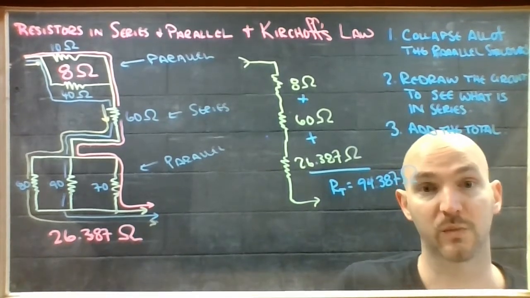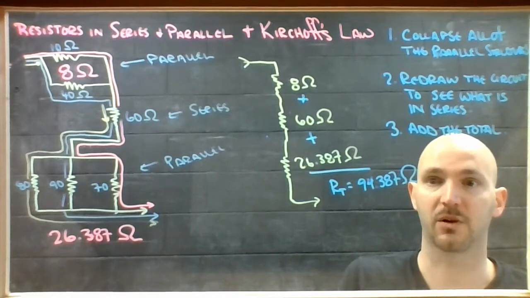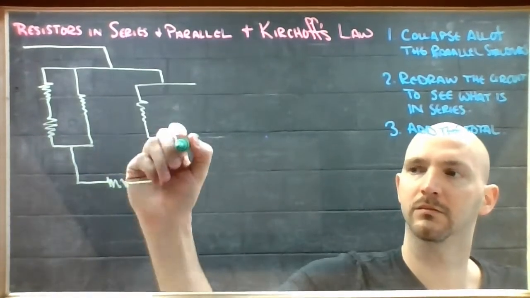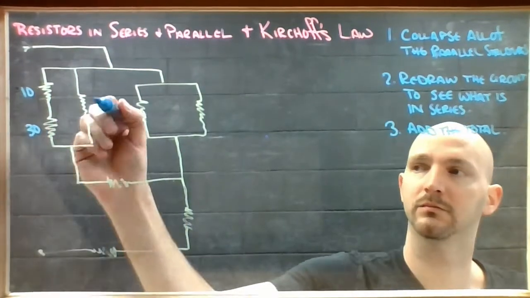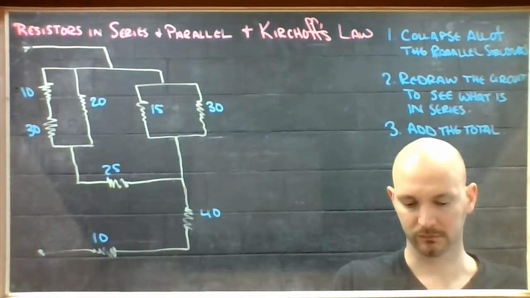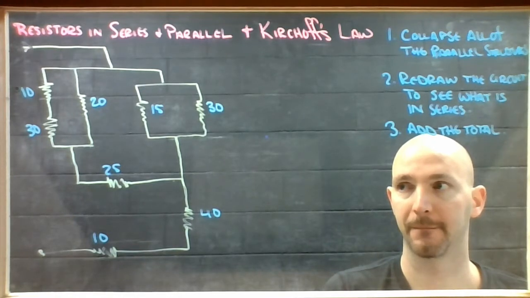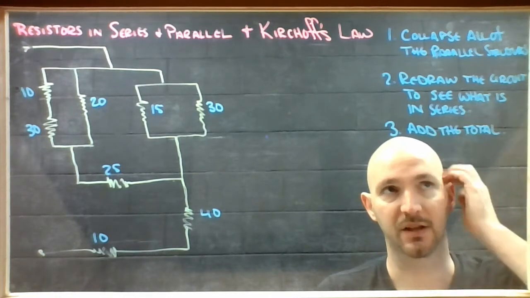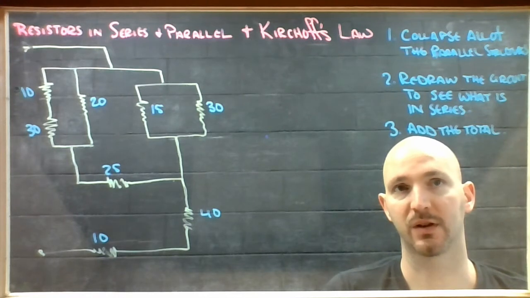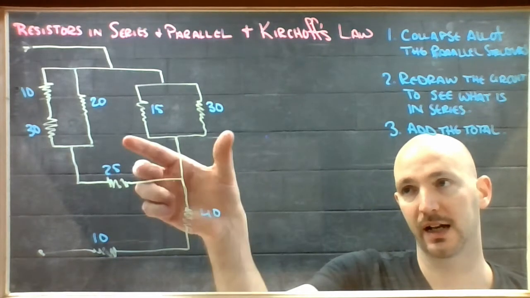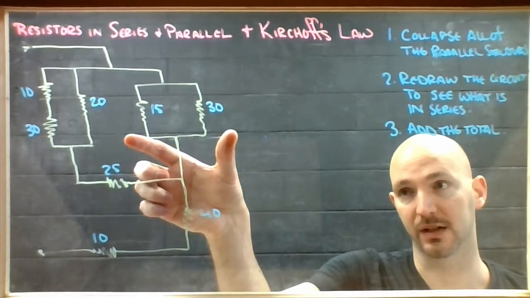All right, so one more example of this, and then I think it's off to the problems. All right, here we go. So I'm supposed to collapse all of my parallel structures, redraw the circuit to see what's in series, and then add the total. So I can see a nice parallel structure here.